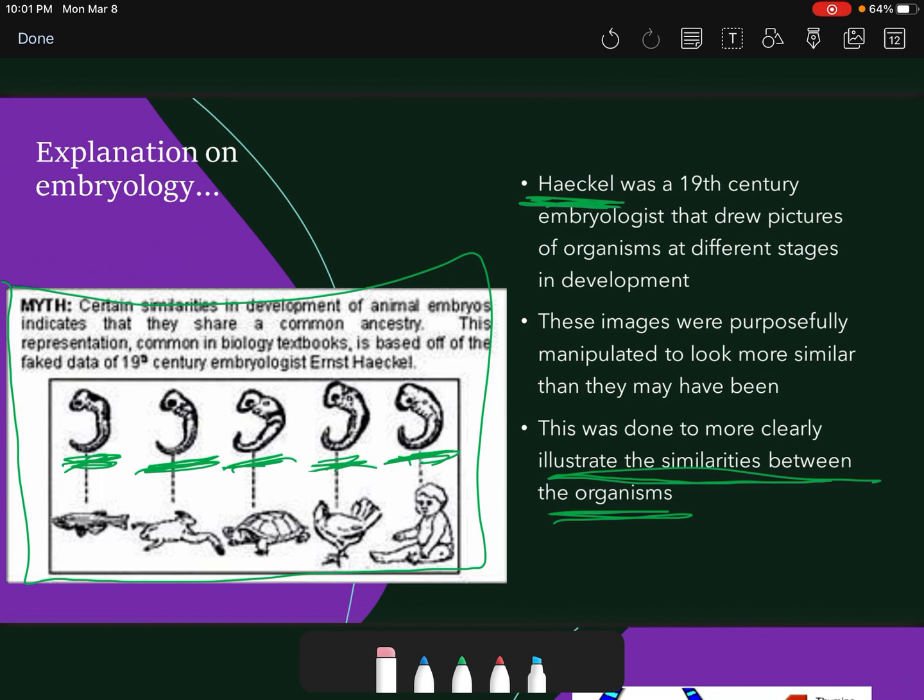So, for example, humans and, in this case, chickens are probably the closest common ancestor, but what it does is show you how closely related these organisms are without actually going through all of the embryonic science that goes into this.